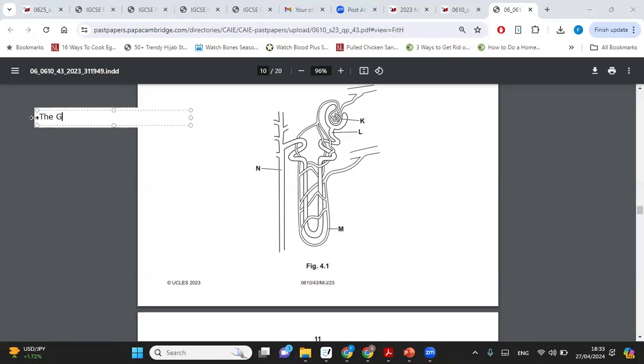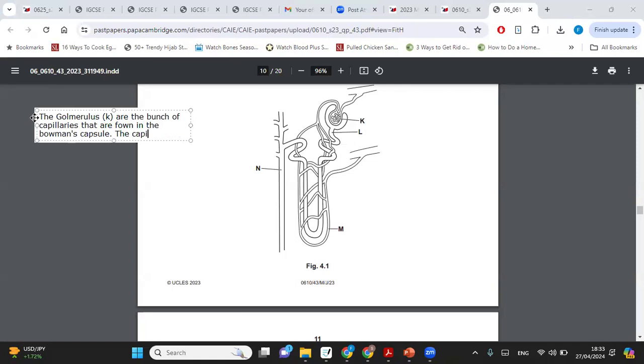The glomerulus, that's our K, is a bunch of capillaries found in the Bowman's capsule.